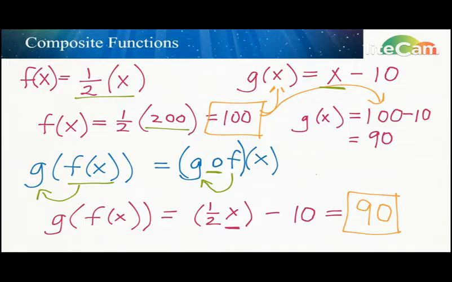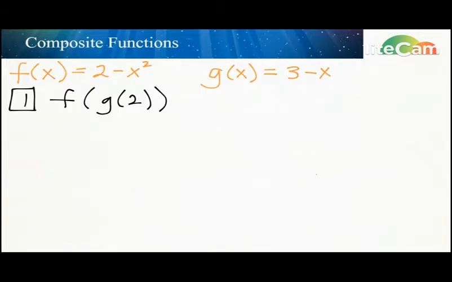So we have several functions and their expressions to work with. We're going to try this with a few problems. This is your assignment. Let's try number 1. We're going to work the inside first. So let's do g of 2. G of 2 is going to be 3 minus 2, which equals 1. Now this is the y for g of 2, otherwise 2 comma 1.